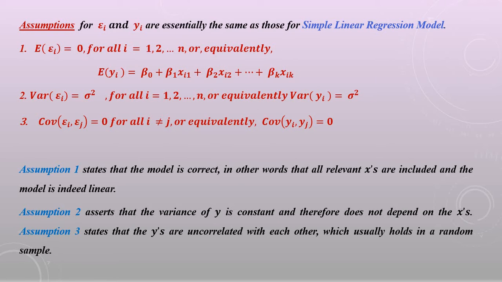So assumption 1 states that the model is correct, in other words, that all relevant x's are included and the model is linear. Assumption 2 asserts that the variance of y is constant and therefore does not depend on the x's. Assumption 3 states that the y's are uncorrelated with each other, which usually holds in a random sample.